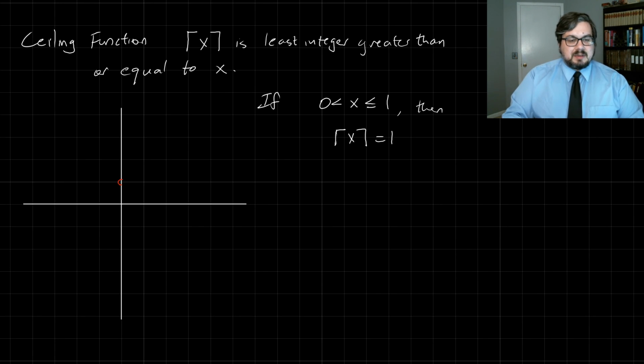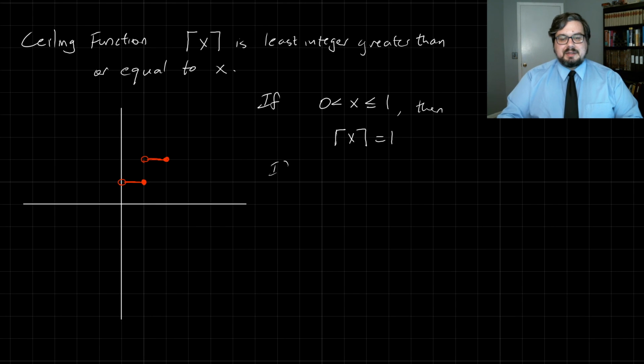So that means that we actually get a graph that looks like this, with a solid dot over here on the right. And then we get another one right here, because if x is greater than 1, but less than or equal to 2, then the ceiling of x is equal to 2.